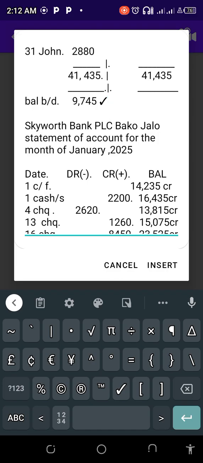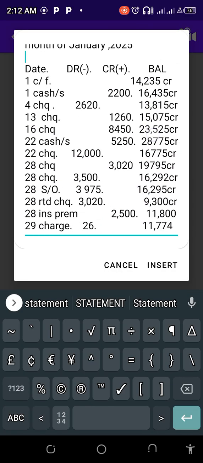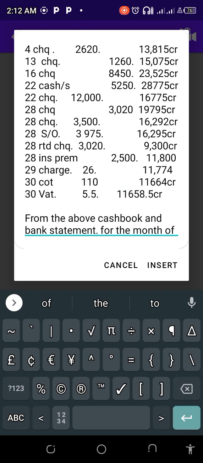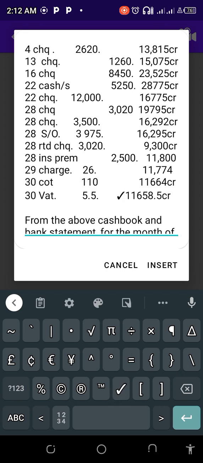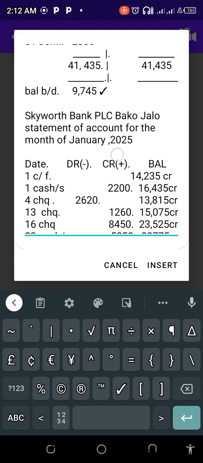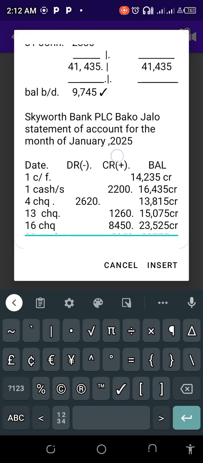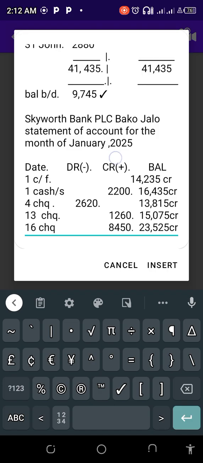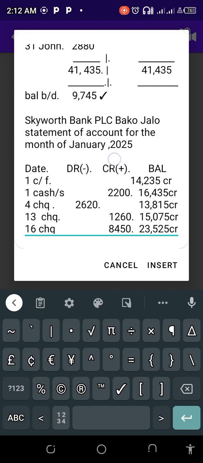But as we can see, the balance of the bank statement is 11,658.5. It did not agree with the balance of the cash book. That means there are reasons for the disagreement, and those reasons are what we are going to look for in this question.